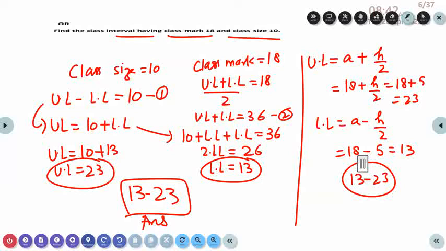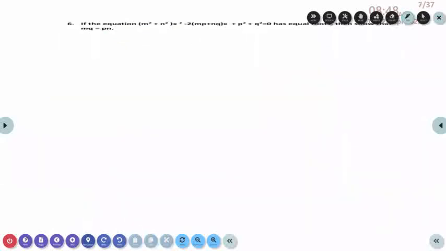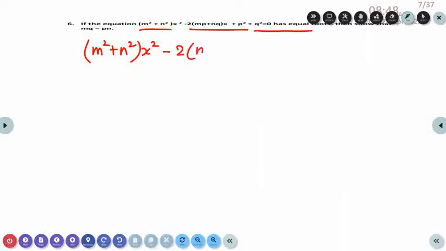So this will be m square p square plus n square q square plus 2mn pq minus m square p square minus m square q square minus p square n square minus q square n square will be equal to 0. And here these terms will be cancelled out. This m square p square and this minus m square p square will cancel. Similarly n square q square and minus n square q square will be cancelled out.